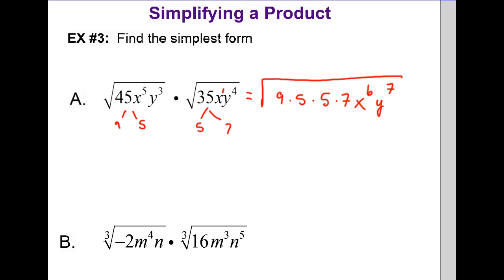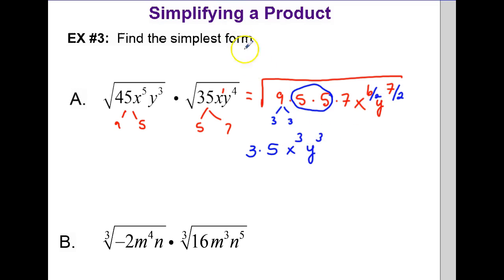So when I look at this, I can say, well, the square root of 9 is a 3 because this is a pair of 3's here. So I have a 3 that comes out. I've got a pair of 5's that come out. And then I'm going to divide the exponent on the x. 6 divided by 2 is going to bring out an x cubed. And y, 7 divided by 2 is going to bring out a y cubed.